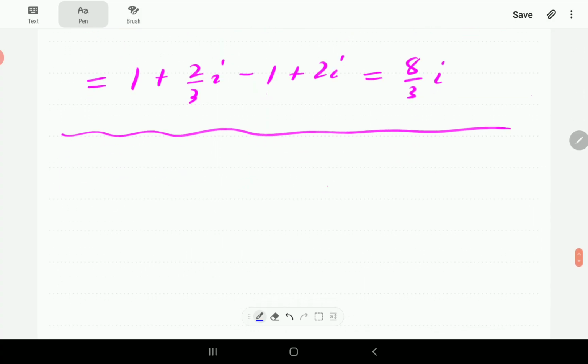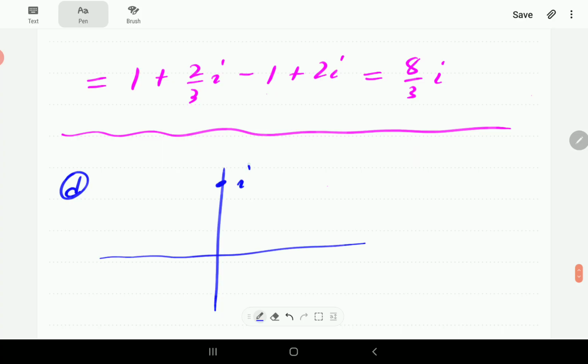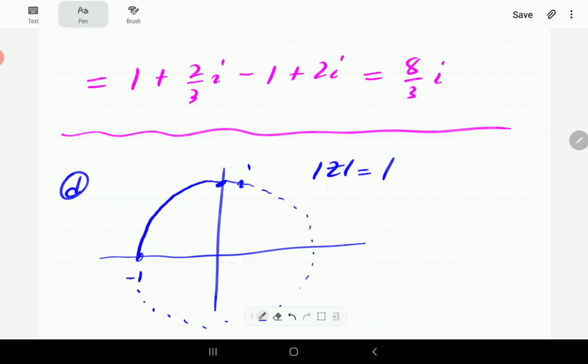So we're integrating from i to -1 along this circle. So mod Z equals 1 is a circle centered at the origin with radius 1.